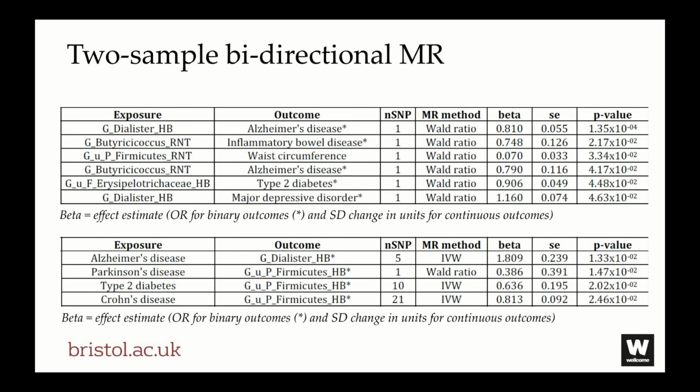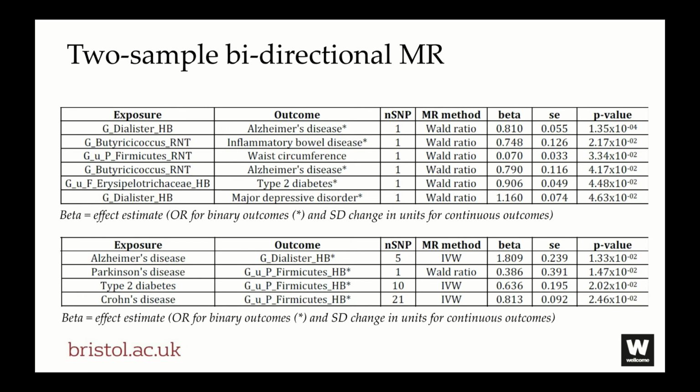Now, the top hit here, the presence of a particular bacteria called Dialister, and Alzheimer's disease, was in one direction. And then the bottom is the effect of the disease on the bacteria. And it's the same thing, with Alzheimer's disease increasing the presence of that particular bug in the gut.